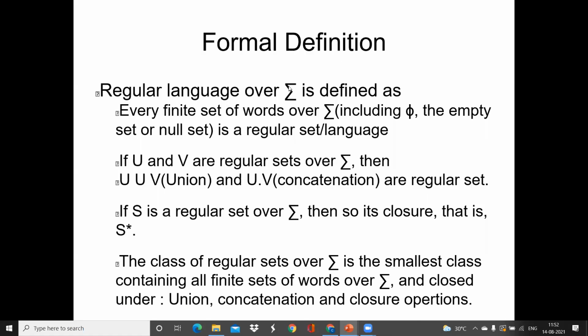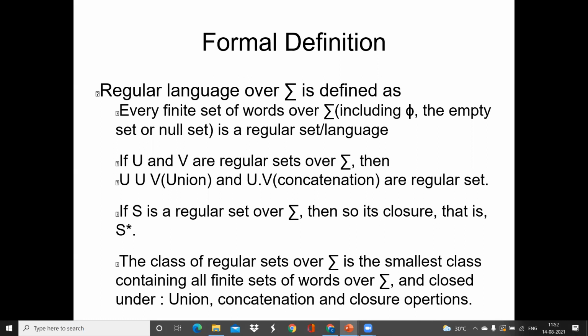A regular language over input alphabet is defined as every finite set of words. That finite set of words over input alphabet is nothing but the set of strings. Again and again I'm telling, those sets of strings you can call a regular set or a language.